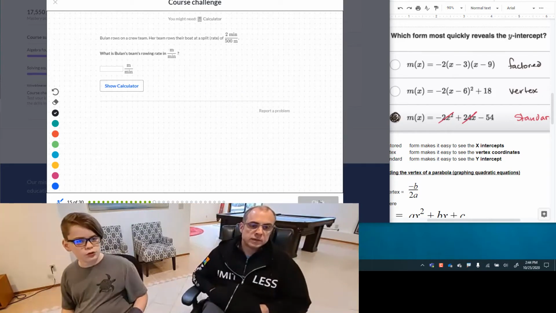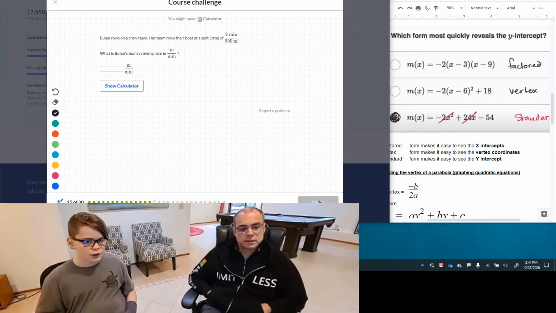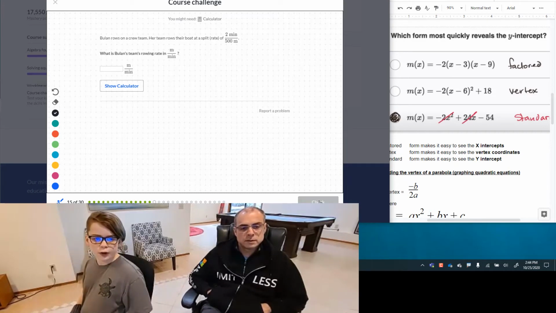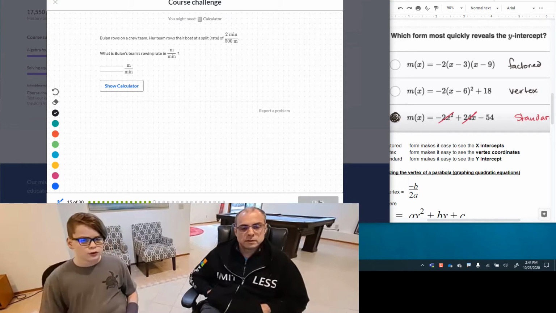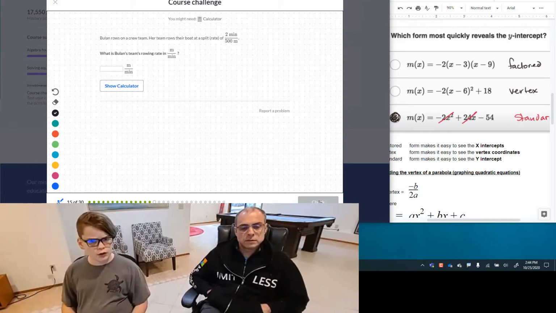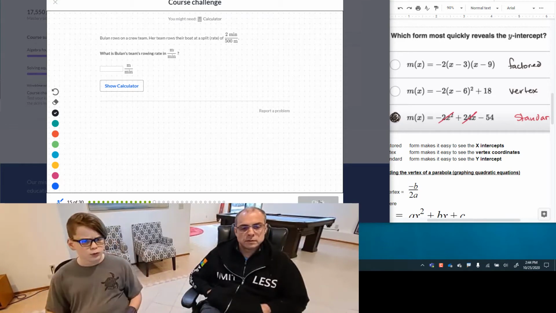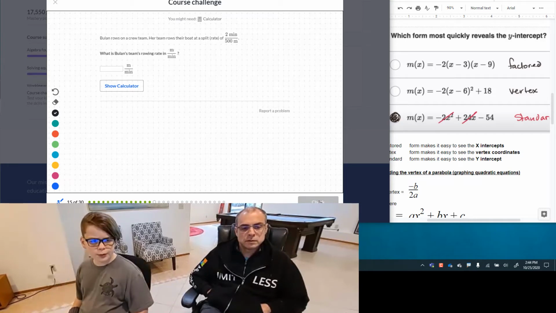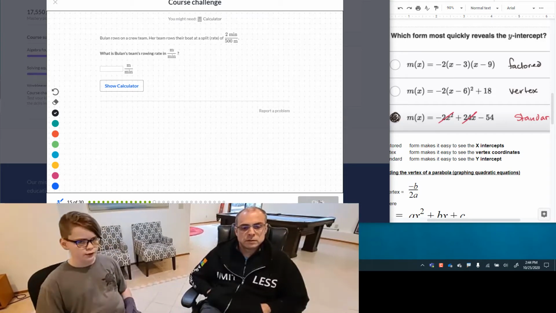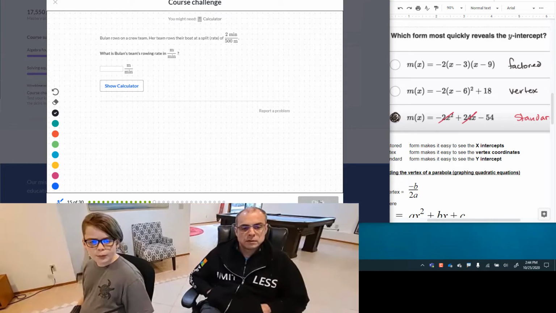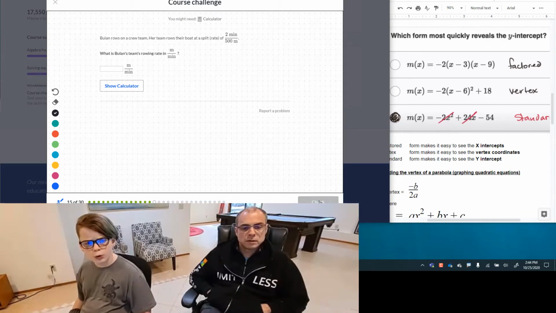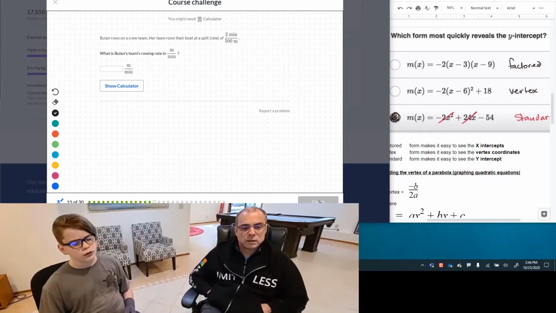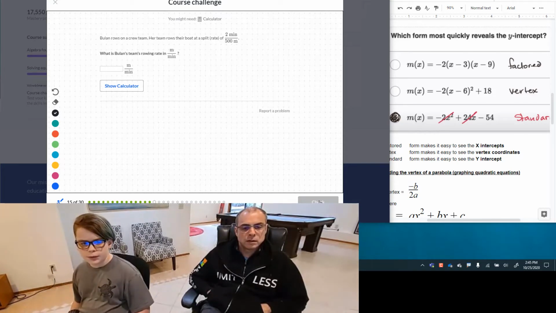Bulan rose on the crew team. Her team rows their boat at a split rate of that. What is Bulan's team rowing rate in minutes per mile, every minute? They can't go.